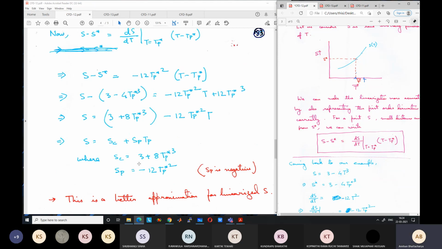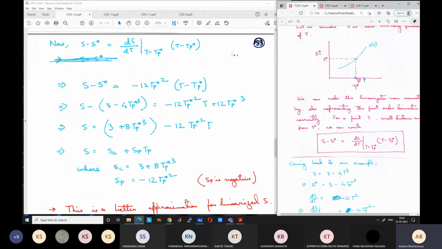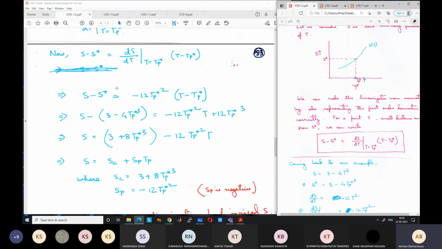This is how you have to do linearization. Any other problem also you should be able to linearize using the same type of method. Say the source term is given as a plus bT square. You should be able to find out what is SC and what is SP in that case.